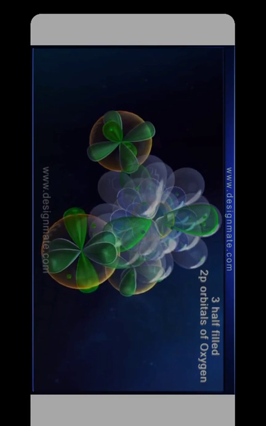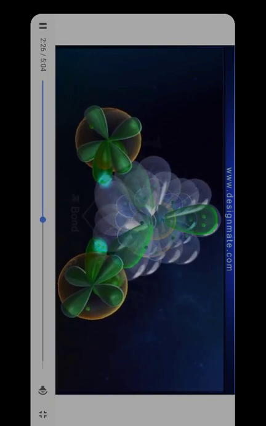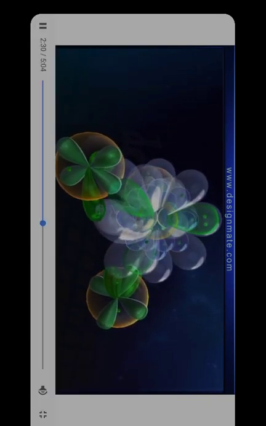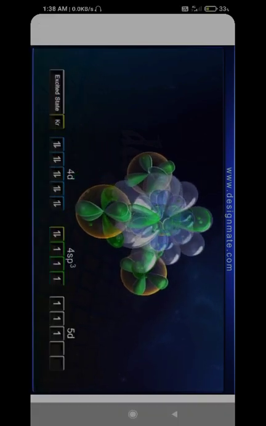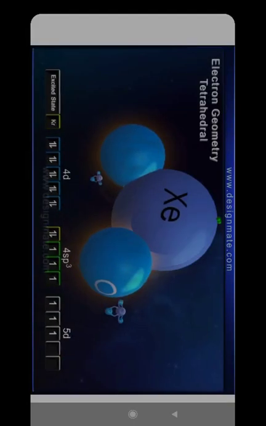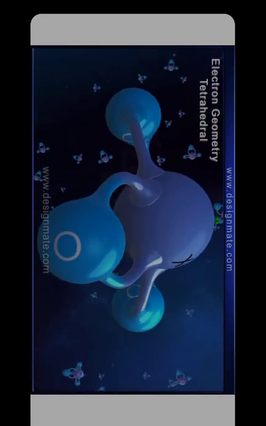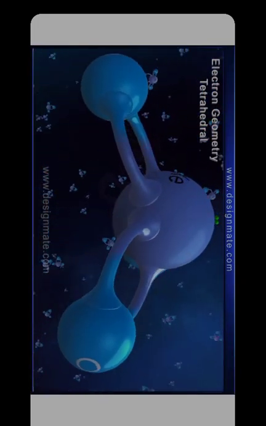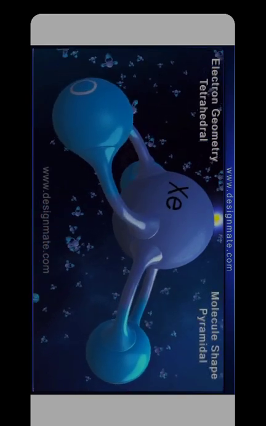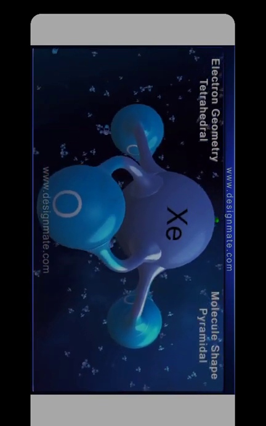Notice that each of these oxygen atoms still has a half-filled 2p orbital, each of which overlaps with the half-filled 5d orbital of xenon to form pi bonds. As xenon undergoes sp3 hybridization, the electron geometry of the molecule is tetrahedral, as one of the corners of the tetrahedron is occupied by a lone pair. The shape of the molecule is pyramidal.